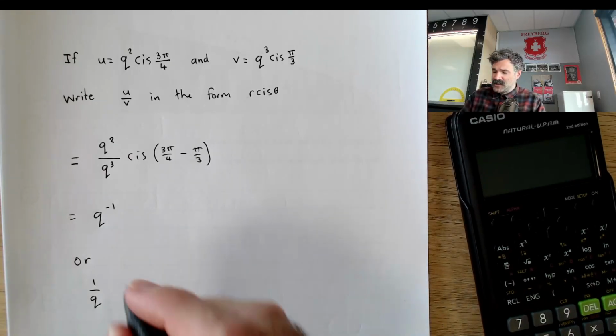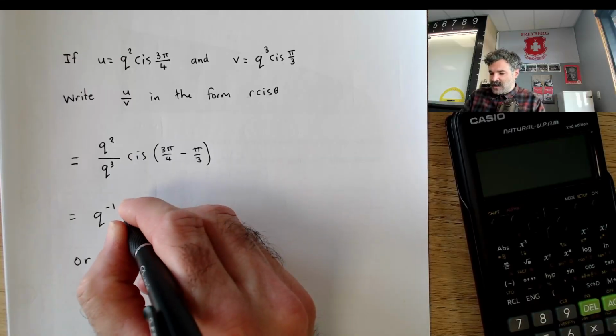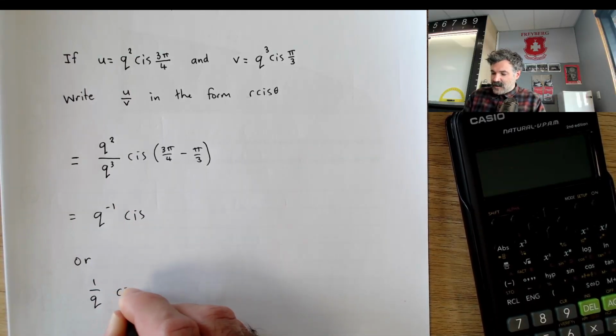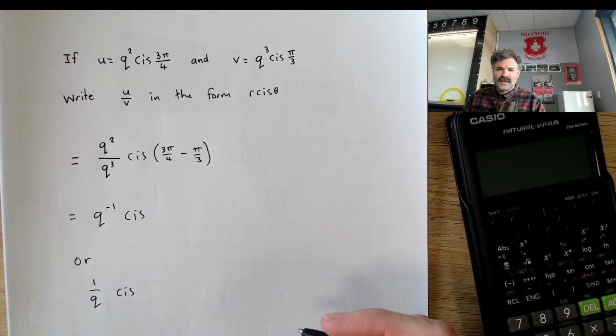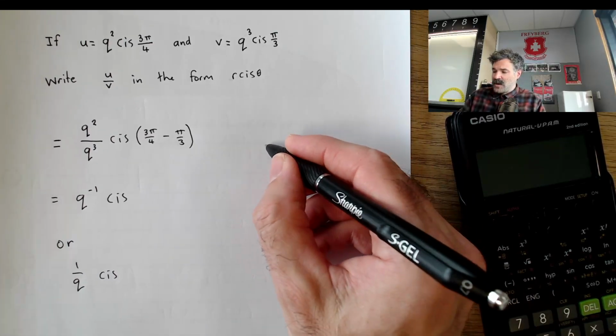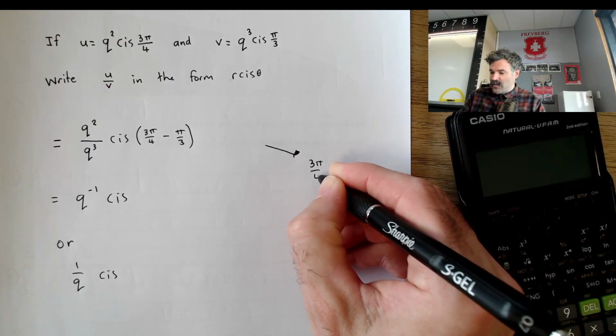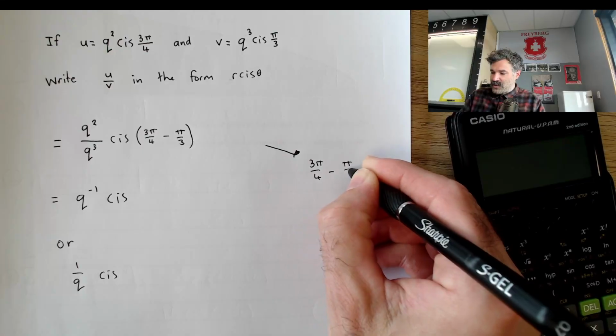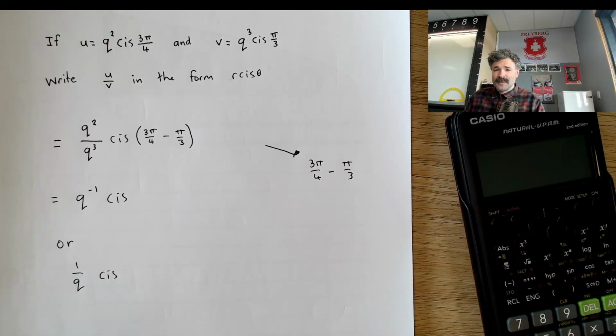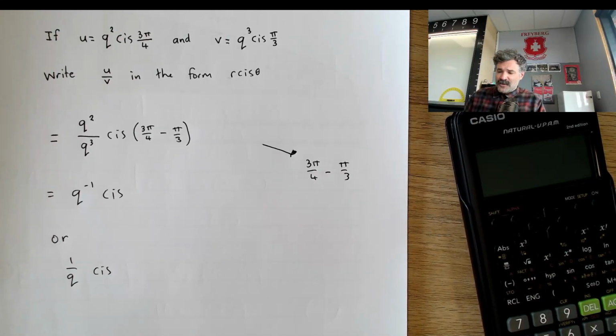They haven't specified a preference, and we would have cis of 3 pi over 4 take away pi over 3. I'm not sure if our calculators can do that straight for us. If they can't, we have to think a little bit about this. 3 pi over 4 take away pi over 3. We would like them to have the same denominator. I'm going to go for 12.